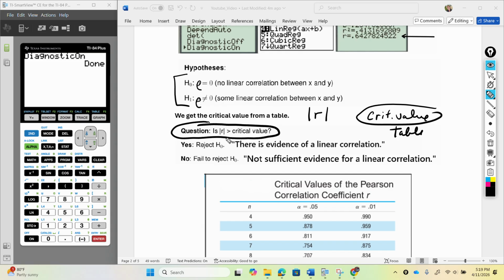If the absolute value of R is bigger than the critical value, you will reject the null hypothesis, and you will conclude that there is evidence of a linear correlation. If the absolute value is not greater than your critical value, then you will fail to reject the null hypothesis, and you won't have enough evidence for a linear correlation.